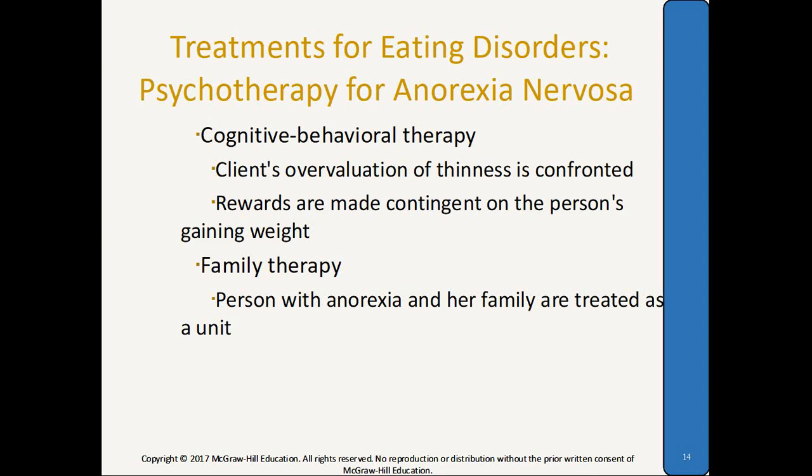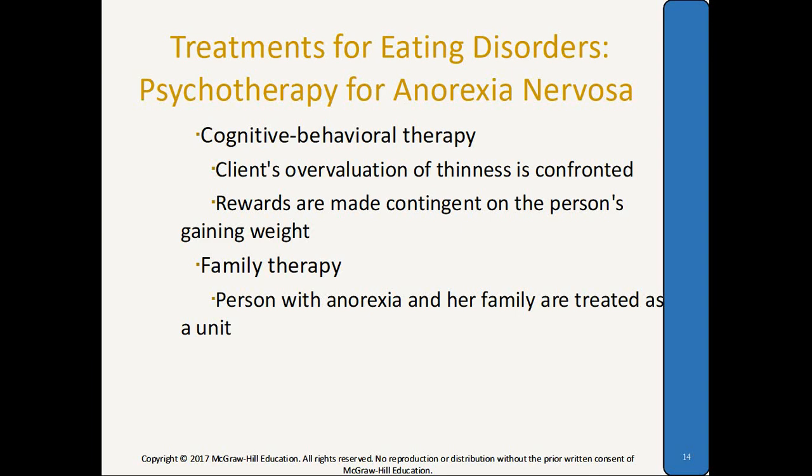As one would expect from cognitive behavioral therapy, the way in which behaviors are adjusted through the use of rewards can be very effective, as well as the way in which the client's cognitive beliefs about their bodies and about their weight is examined and confronted. Obviously, family therapy can be extremely effective, especially if you take into consideration some of those family dynamics that we identified as being potential contributors to the development of eating disorders.